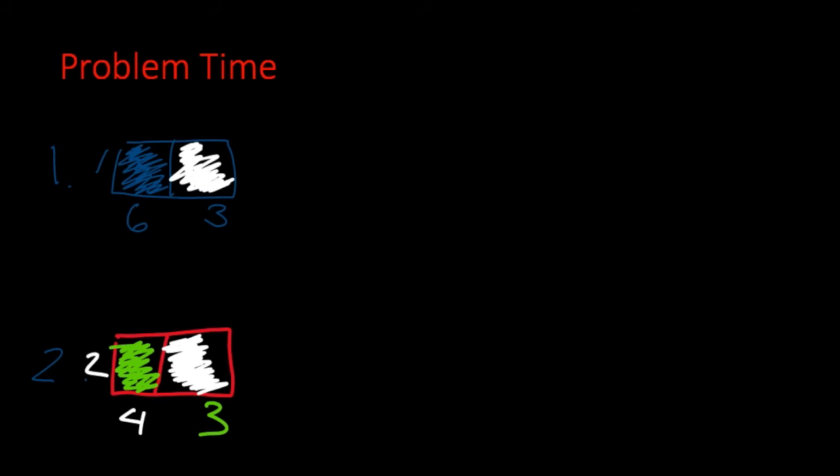Now, let's do some problem time and try to solve these. So we're going to do 1 times parentheses 6 plus 3. And then let's try to solve. So we're going to do 1 times 6 and 1 times 3.